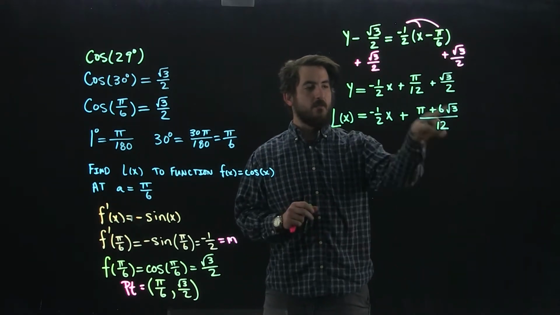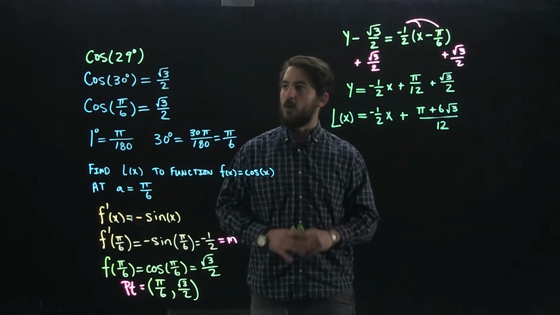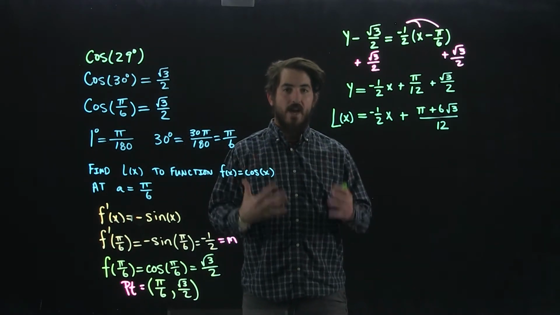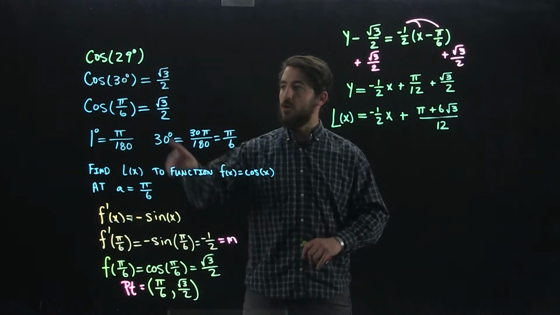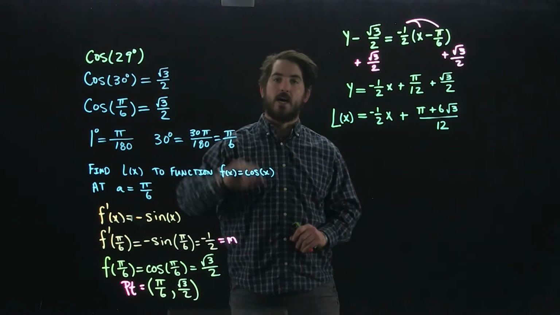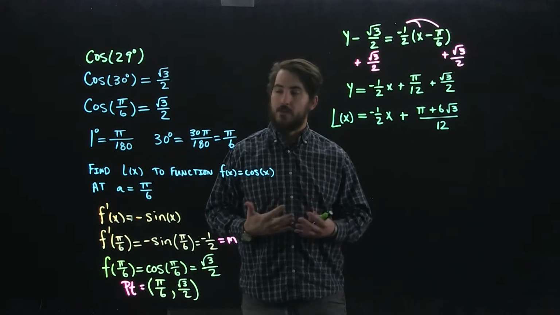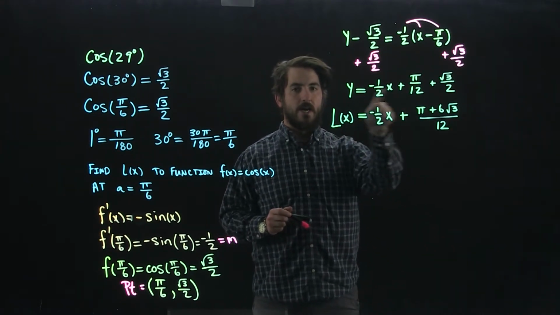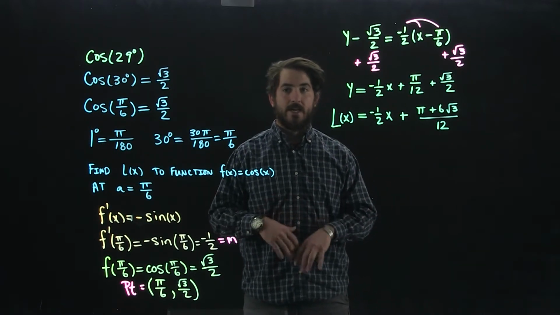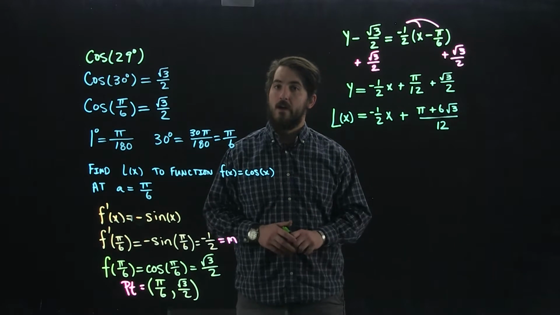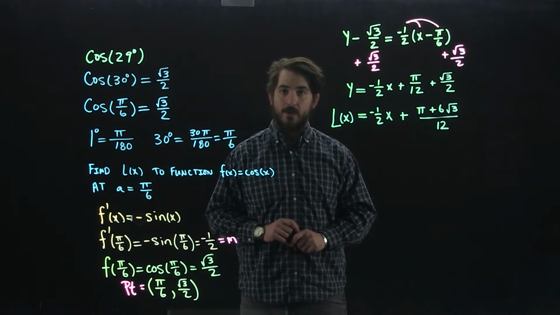This function right here is good for approximating cosine of x for whatever x value I choose close to 30 degrees. I think we can agree that 29 is close to 30 degrees. However, I do not want to put 29 into this function. 29 is very far away from pi over 6, which is where I constructed this line equation.